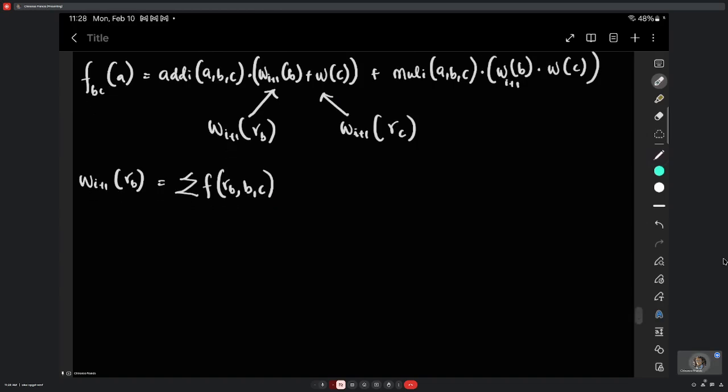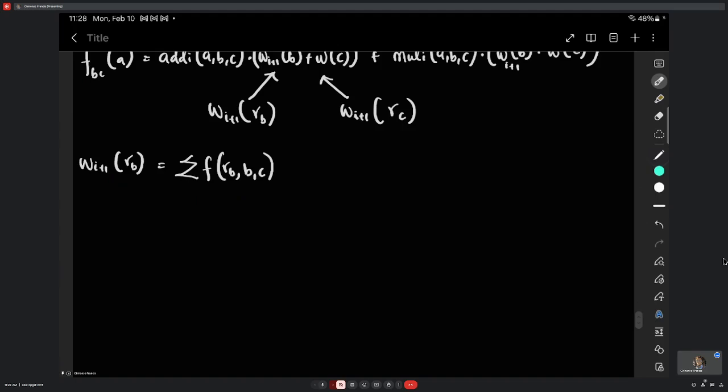So let's expand this guy now. f of RB, B, C. If I were to expand it, what will it be? add I of RB, B, C, right?